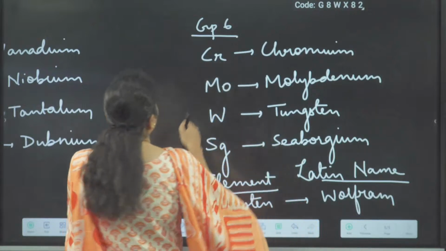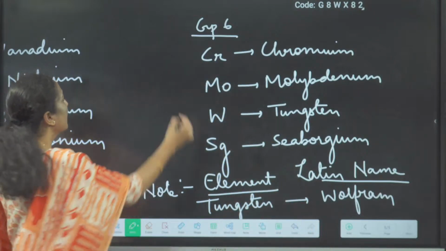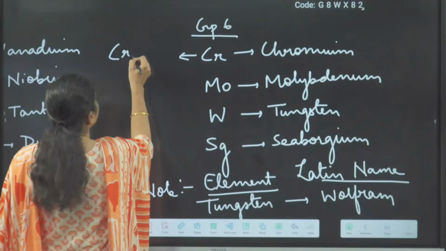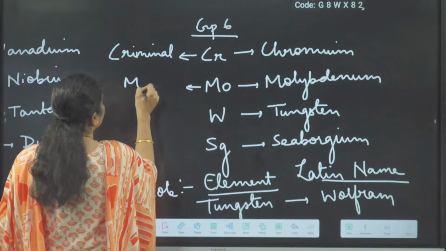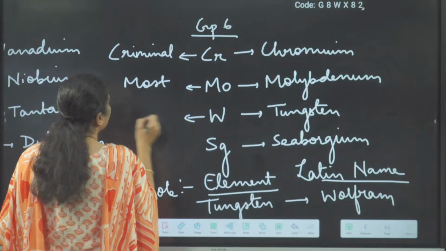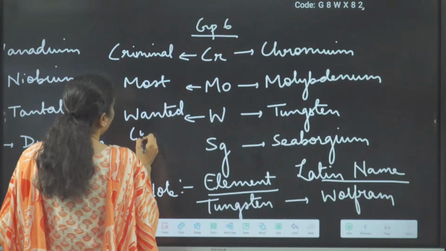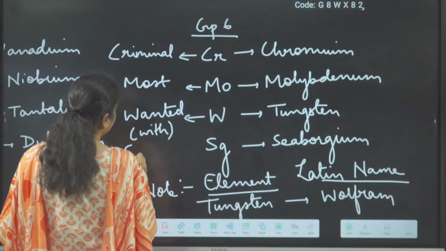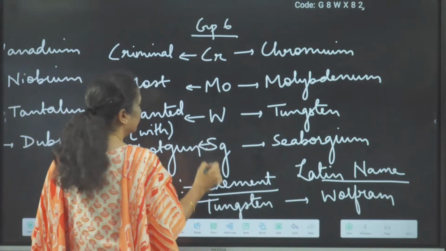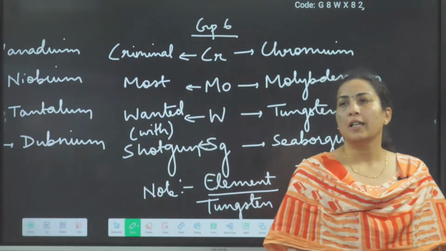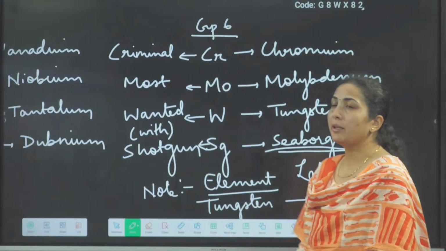So that's what is there. Criminal most wanted with shotgun. Okay, so you can write down there. Criminal most wanted with shotgun. And the seaborgium which is there, seaborgium is based upon the name of a scientist.